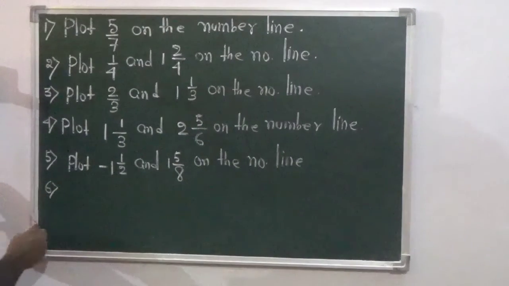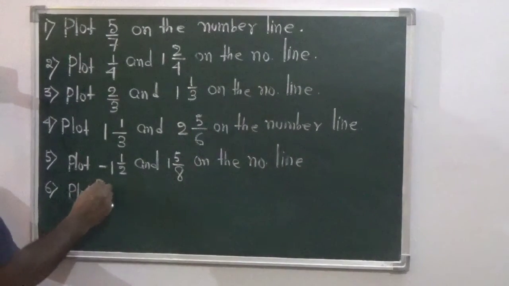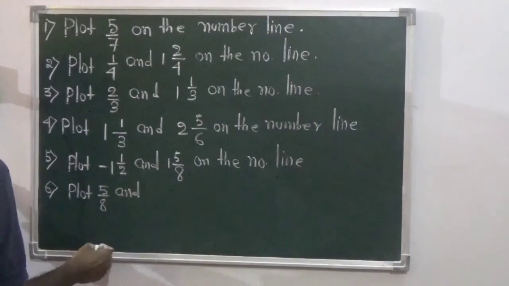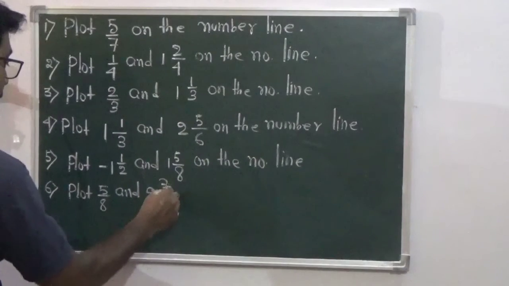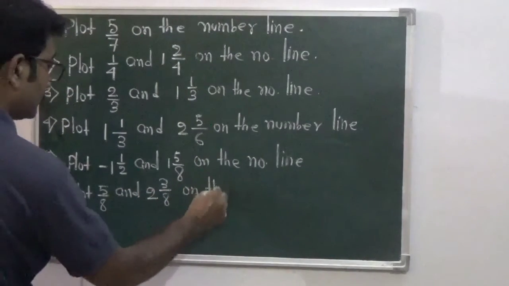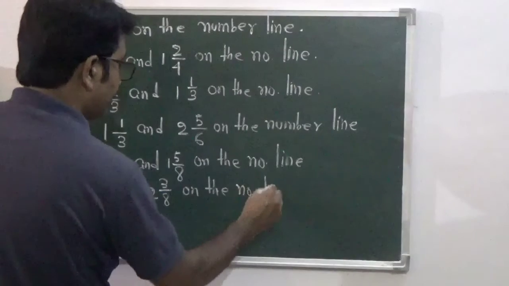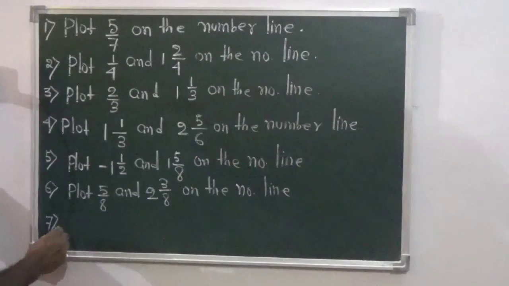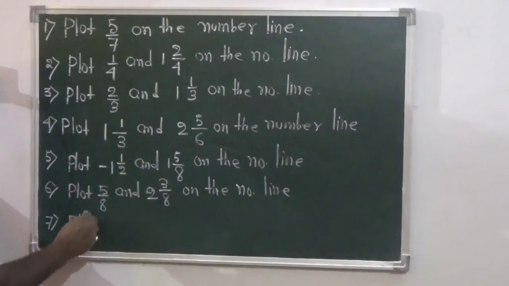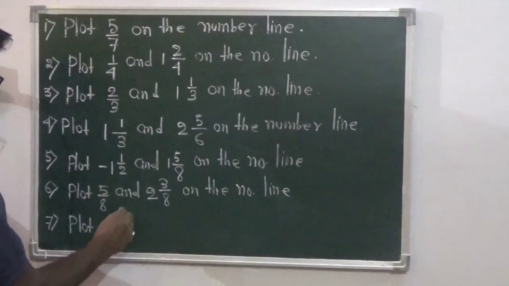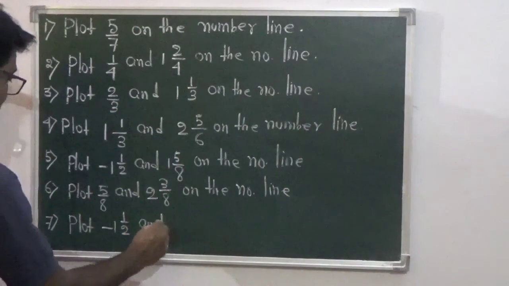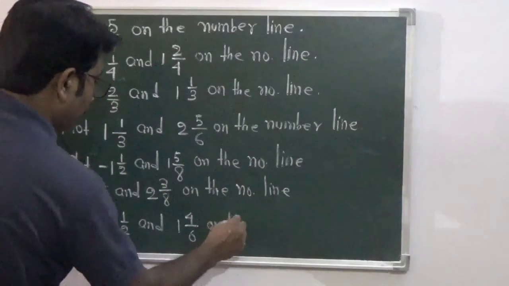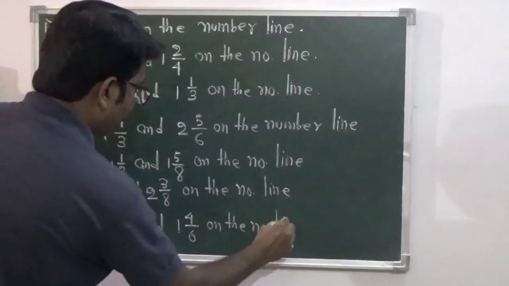Question number 6. Plot 5 by 8 and 2 whole 3 by 8 on the number line. And number 7. Plot minus 1 by 2 and 1 4 by 6 on the number line.